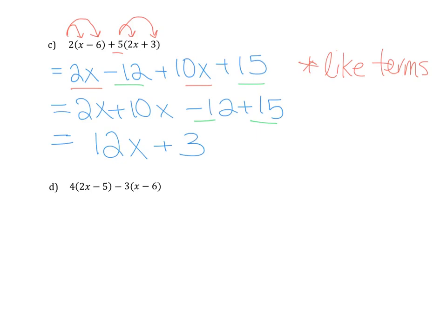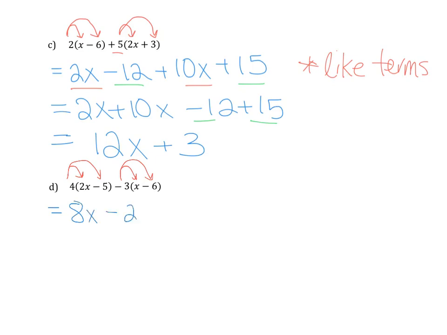Okay, you need to try the next one. So pause the video, write it down, and then come back and check and see how you did. Okay, here are our arrows. This one's a little bit harder. We have a negative 3 times a negative 6. Okay, let's go ahead and distribute. First term is 8x. Then we have a 4 times a negative 5.